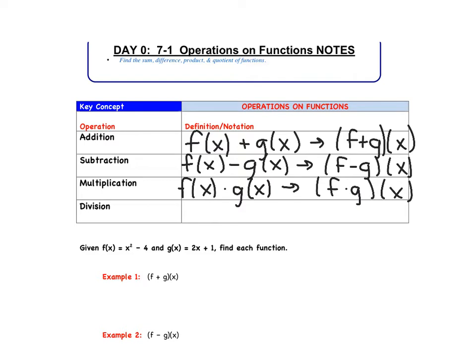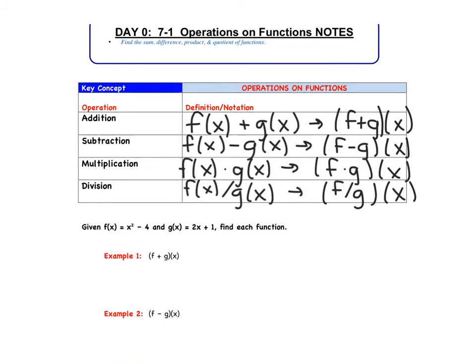And finally, division, we have f of x divided by g of x, rewritten as f divided by g of x. So there on the left you have your old notation. On your right you have the new notation. Let's try to get more familiar with these.